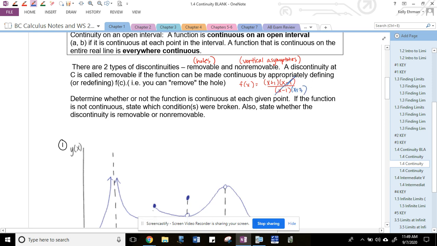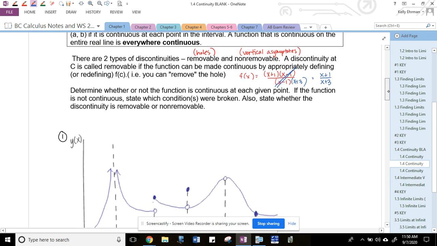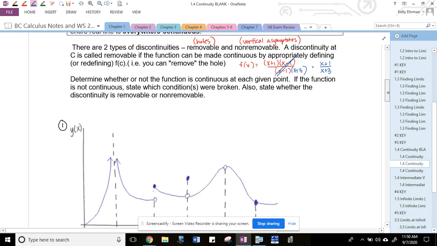I can cancel these out and redefine the function. So this blue function, my simplified function, I could say, oh, that's a new function, and it is continuous at x equals 1. But I have to be careful when I'm graphing this thing. There'd still be a hole at 1. So if that just confused you, I'm just trying to explain what some of this definition is, but for what we're doing, we don't really have to get too wrapped up in that.